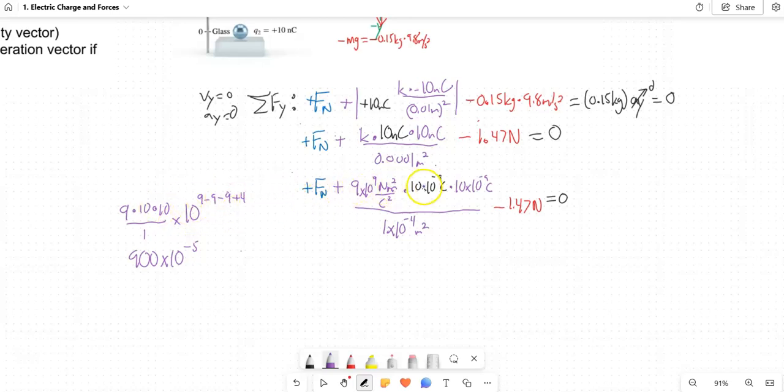I took the 9, 10, and 10 and brought it to the front, and then took all those exponents, 9, negative 9, and negative 9, and put them up top, and a negative 4 on the bottom becomes a positive 4 when you bring it up top.